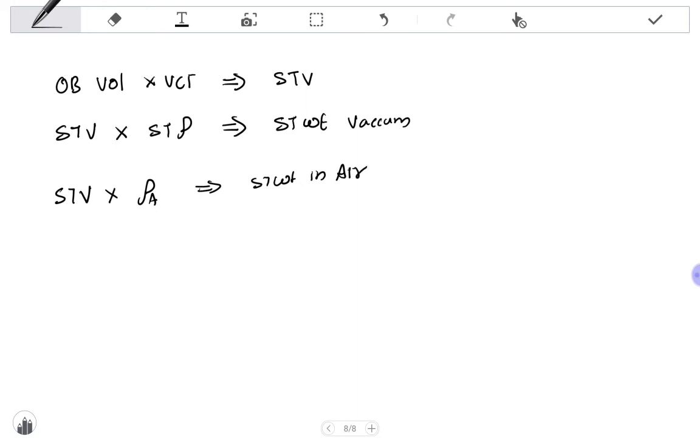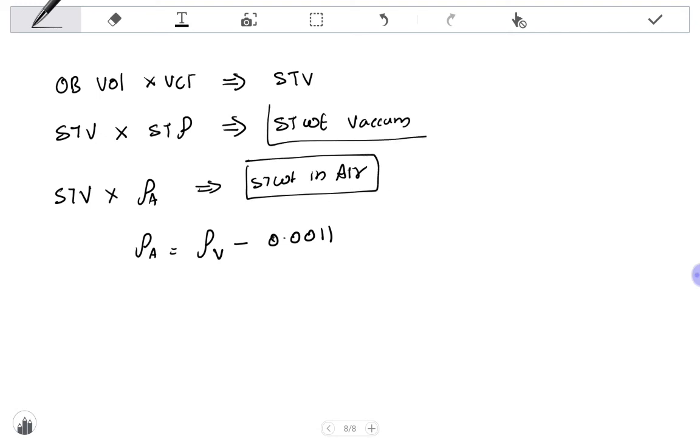Okay, density in air is equal to density in vacuum minus 0.0011. So this is how the calculation is done. So you will get a standard weight in air and standard weight in vacuum. Okay, this is the final quantity we have received.